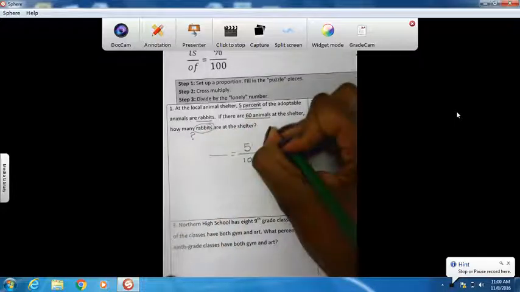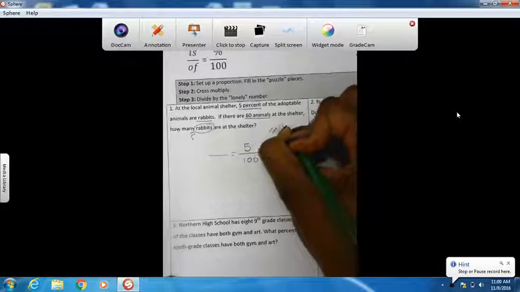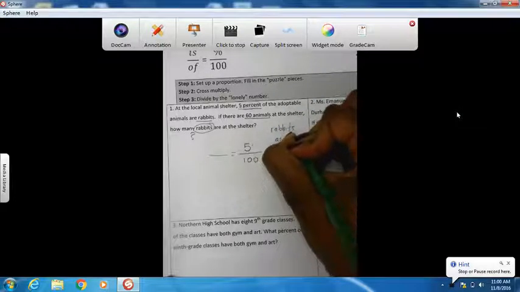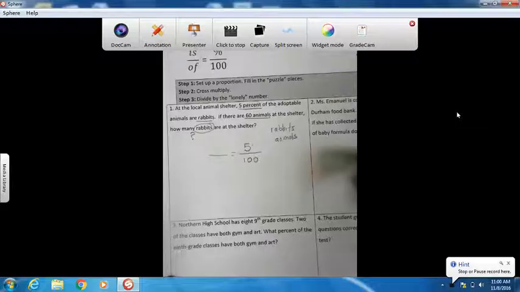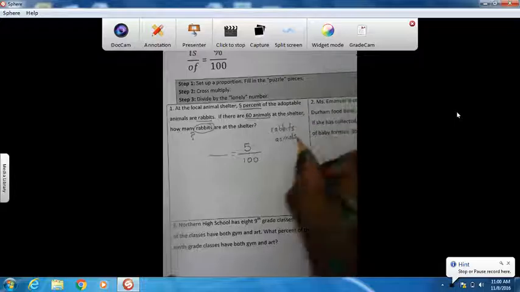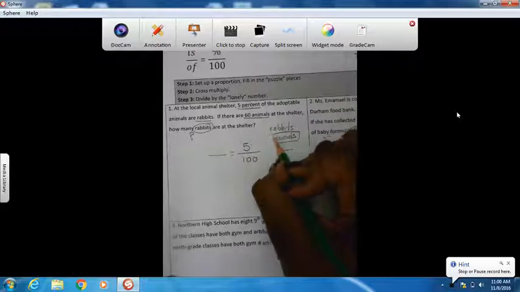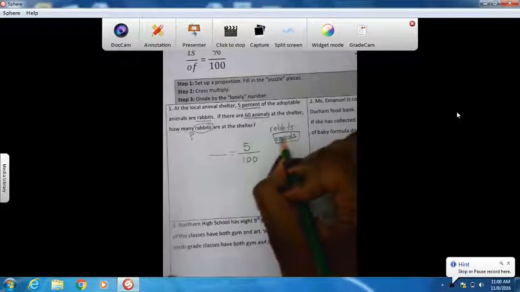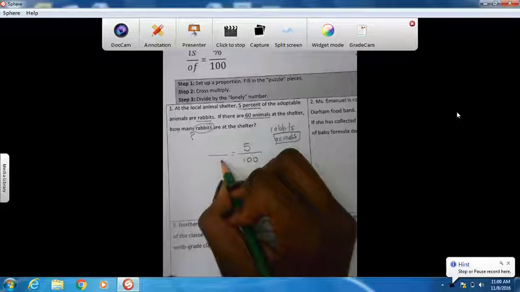So I notice that we're talking about rabbits, and I see that we're talking about animals. Well, I know that rabbits are animals, and that means that rabbits are included in this number, which lets me know that however many animals we have is going to represent our total.